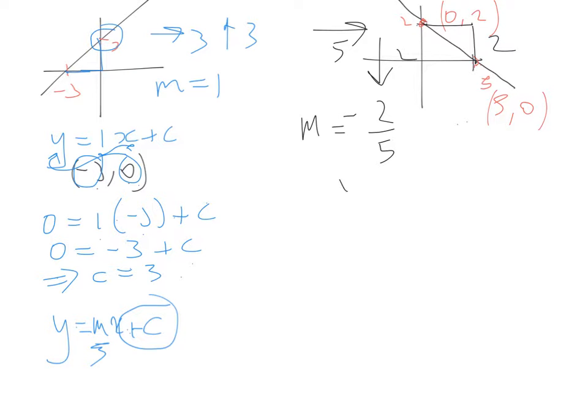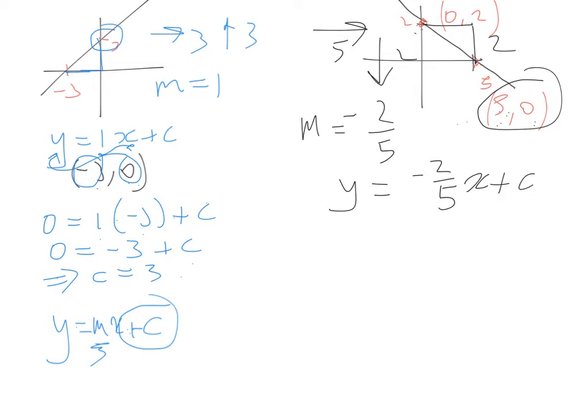So now we say y equals -2 over 5 x plus c. Once again, to solve for c, we substitute one of these 2 points. We can use this one here, where x is 5, y is 0.